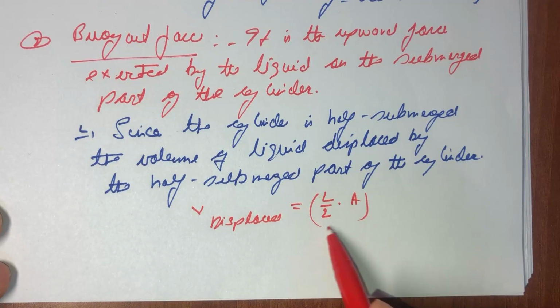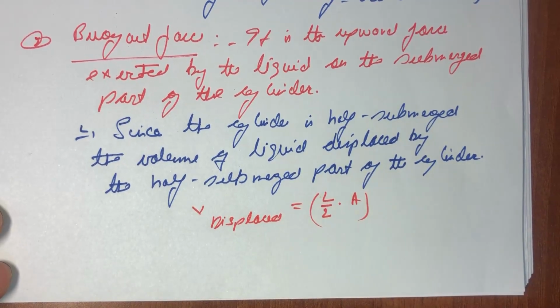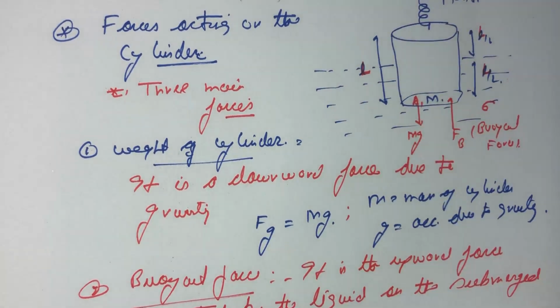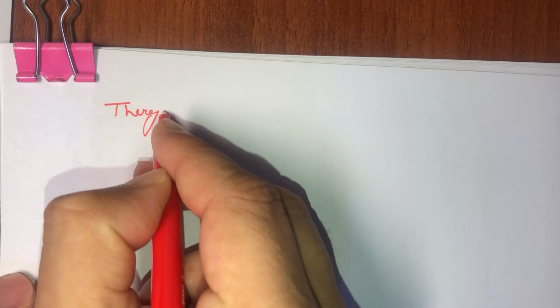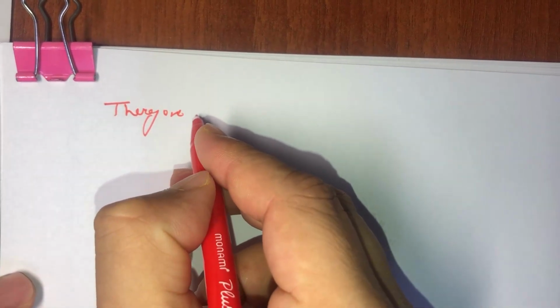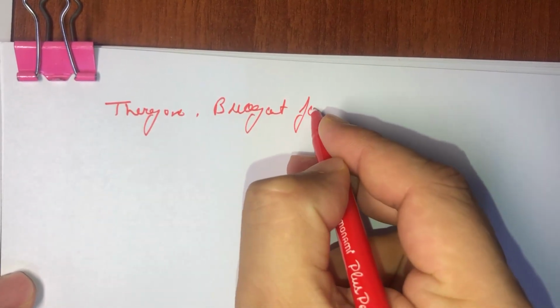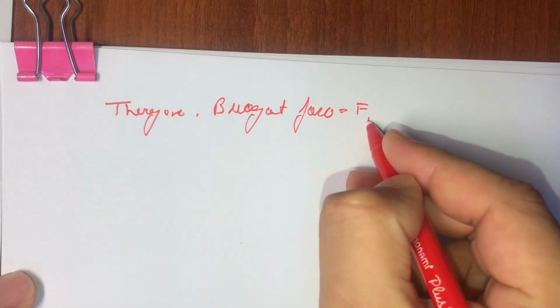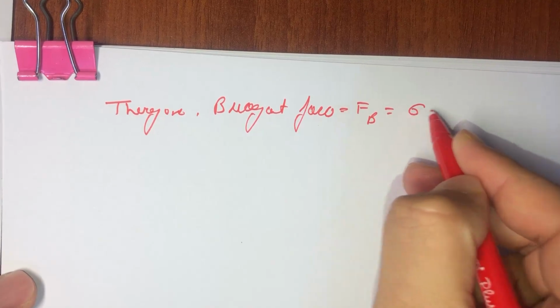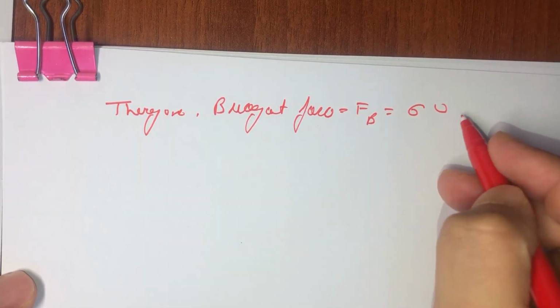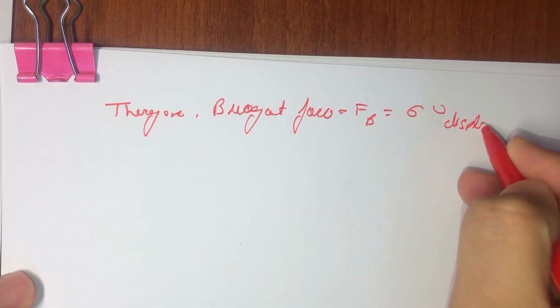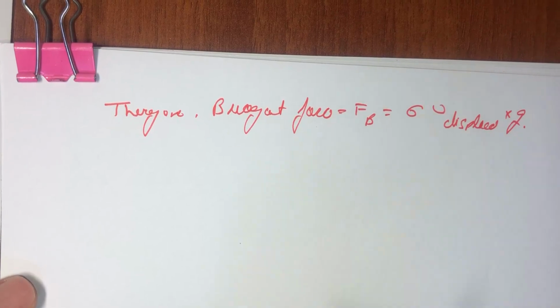Length submerged is L by 2, and that is multiplied by A, the area of cross section. So from here we can find that the buoyant force Fb will be equal to the density of the liquid multiplied by the volume displaced and multiplied by g.